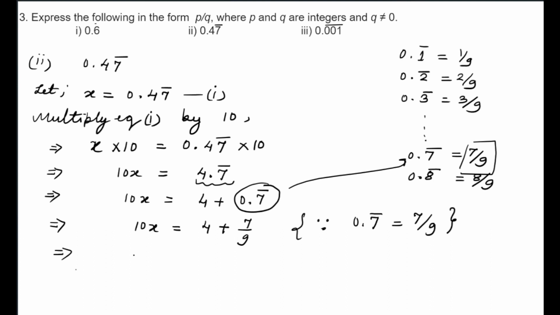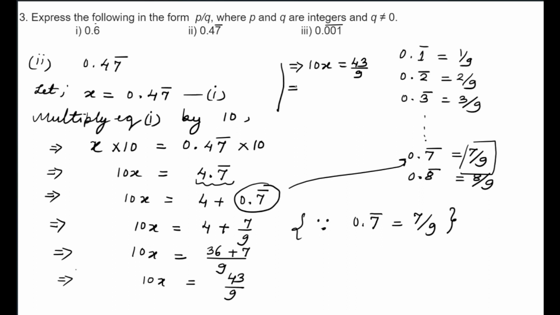And let us solve now this. So 10x is equal to, take the LCM, take the 9 here. This becomes 36 plus 7. Keep on solving. So it is 10x is equal to, you get here 43 by 9. I am writing half of the solution here. So it is 10x equal to 43 by 9.